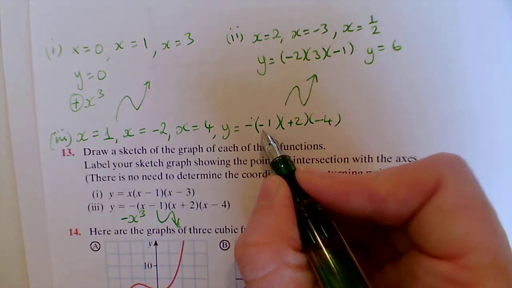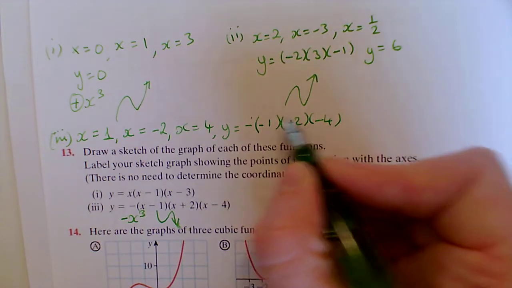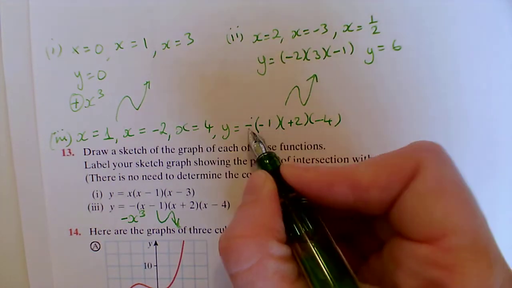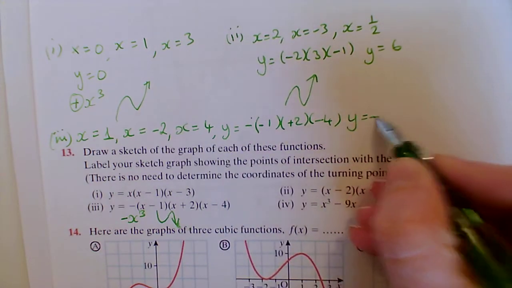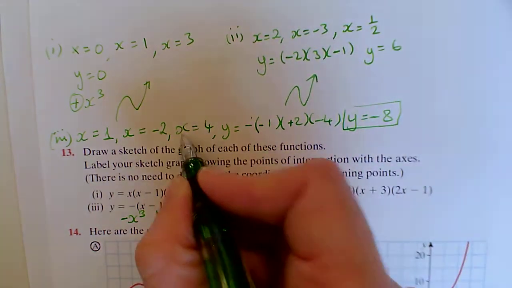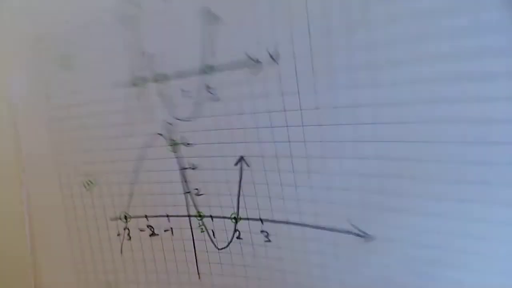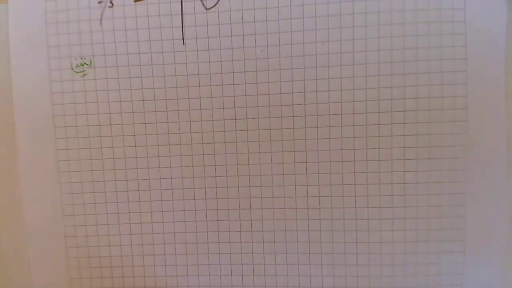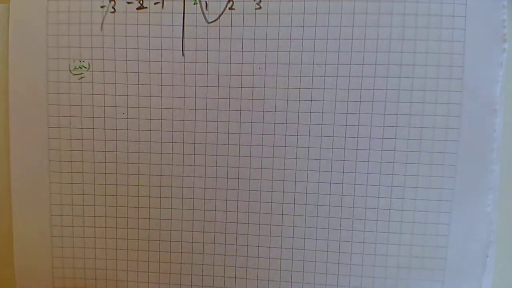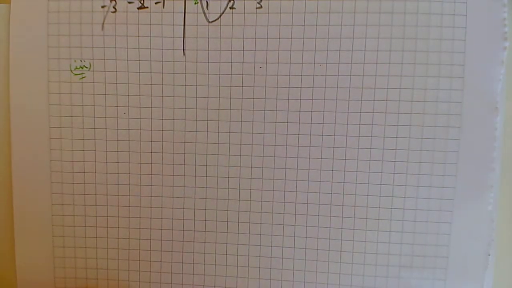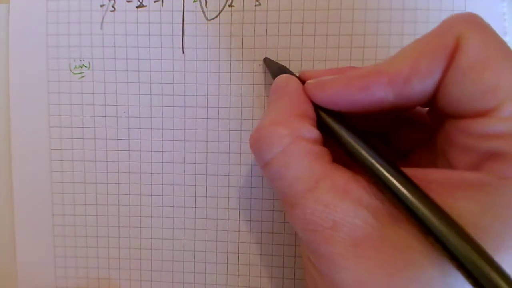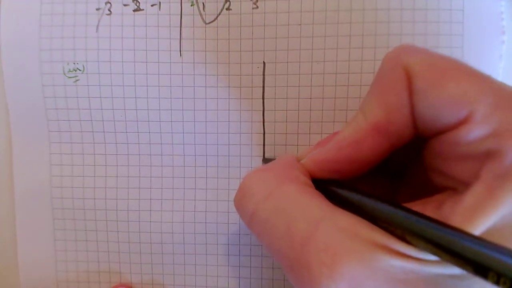So we get minus 8, positive 8, minus 8. So y is negative 8 there. And those are my 3 x values. So I need to go down on my y-axis as far as minus 8, and I need to go between minus 2 and 4 on my x-axis.